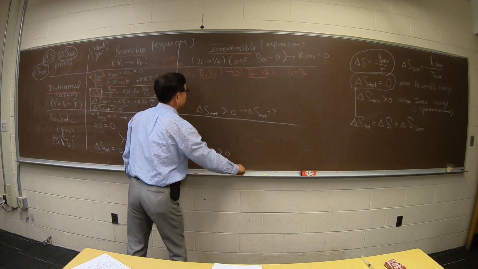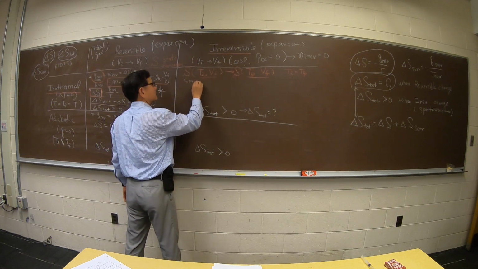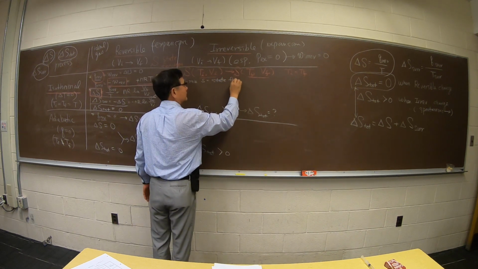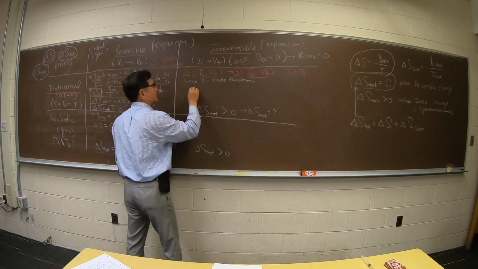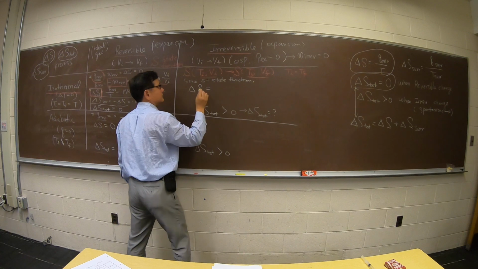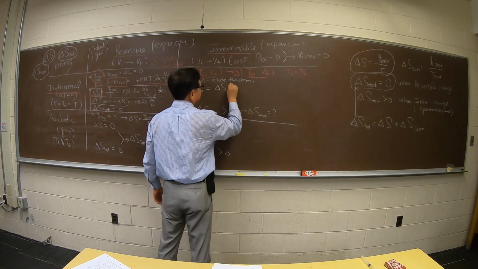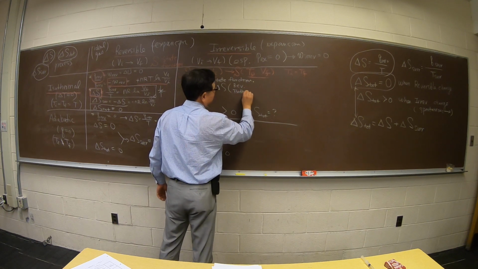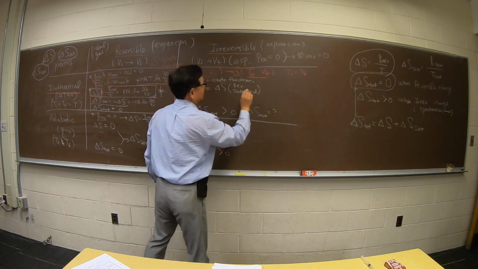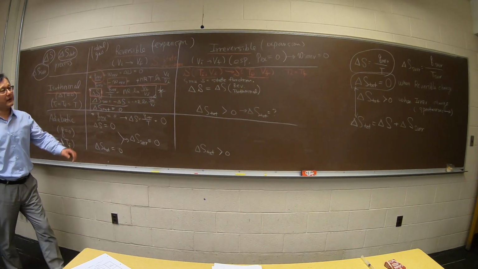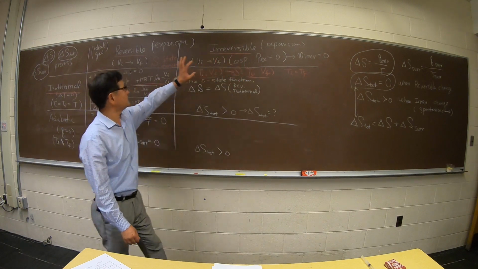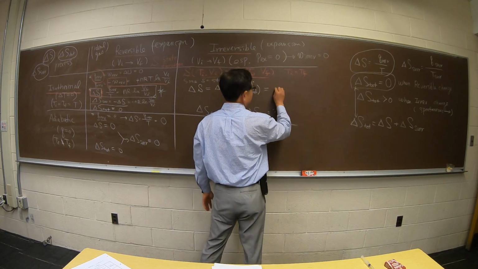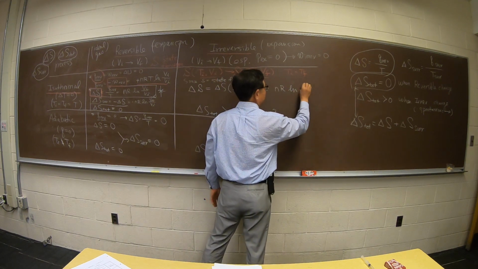So what I can say now is, since S is a state function, delta S is the same as delta S reversible isothermal, because I'm just looking at the state before and after, which is the same as the one shown up here. So therefore, I'm just going to borrow what I know already.